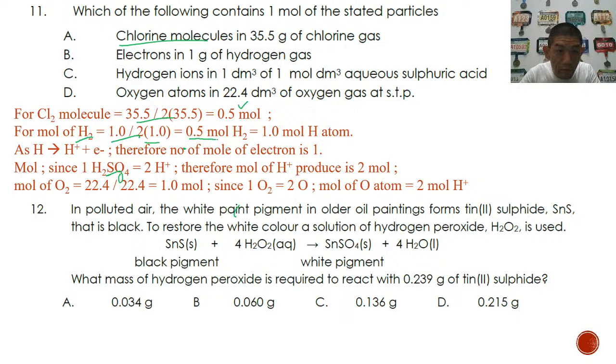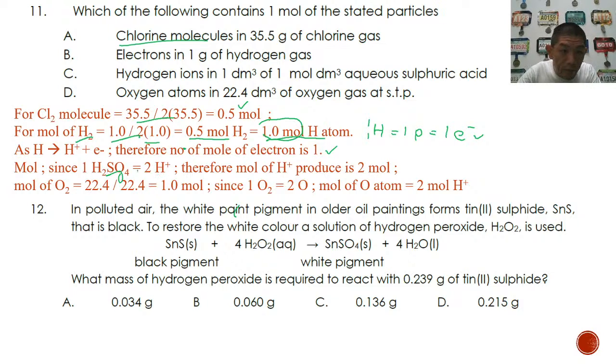So 0.5 mole of hydrogen gas is equal to 1 mole of hydrogen atoms. A hydrogen atom is made of H-1-1, so hydrogen has 1 proton and 1 electron. If you have 1 mole of hydrogen protons, you shall have 1 mole of electrons. As a result, the number of moles of electrons is also equal to 1.